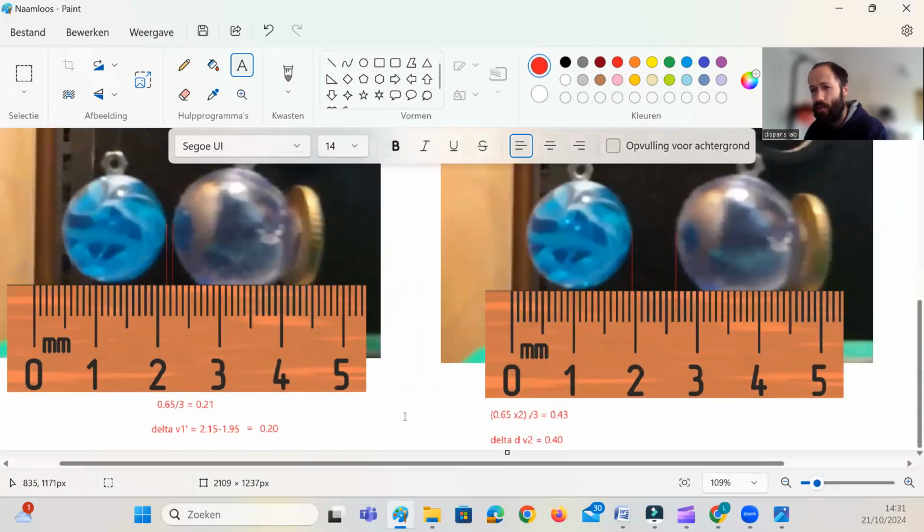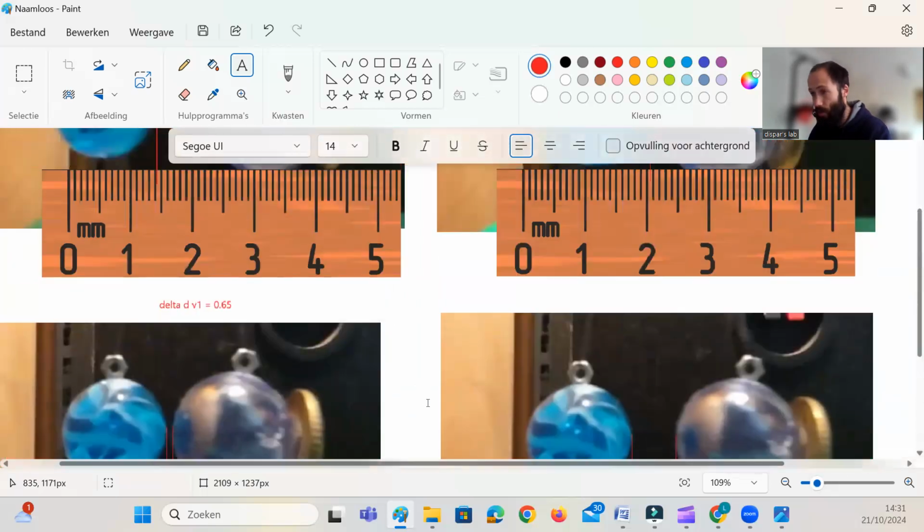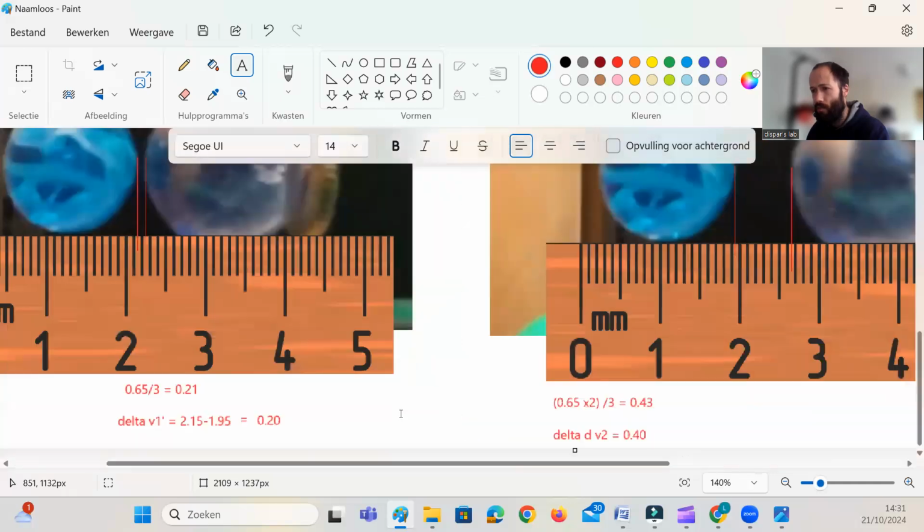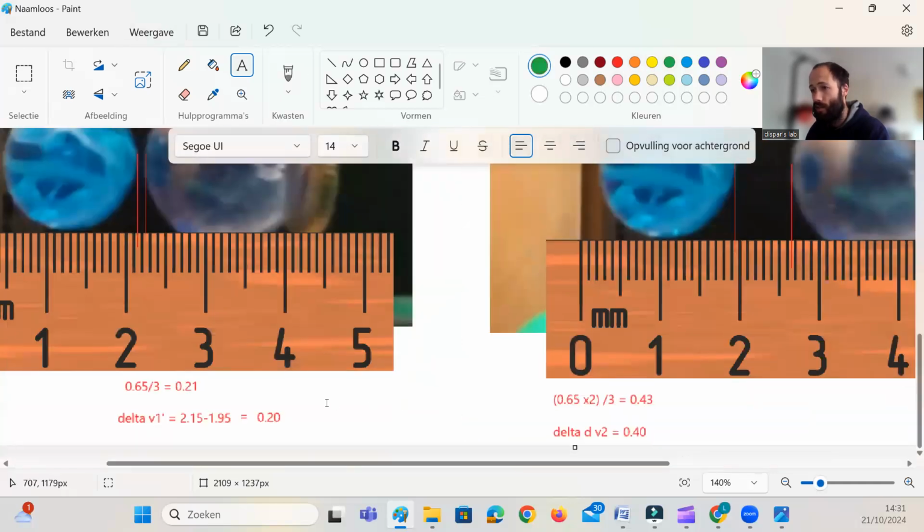So the expectation is, let's use another color, the draft science prediction equals 0.65 divided by 2, and that is 0.32-ish, but even less than that.